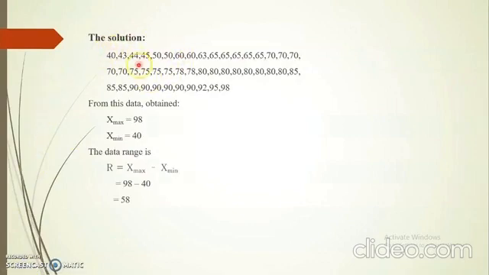The solution: first, we sort the data from the smallest value to the largest value. From this data, we obtained the score of x maximum is 40 and the value of x minimum is 19.8.